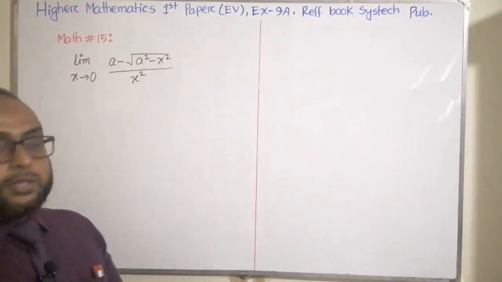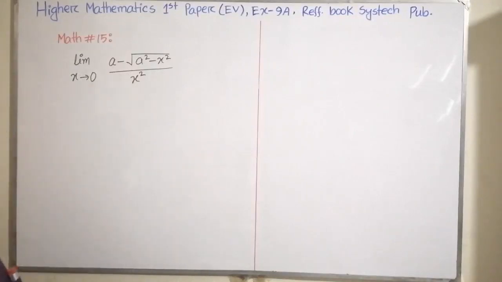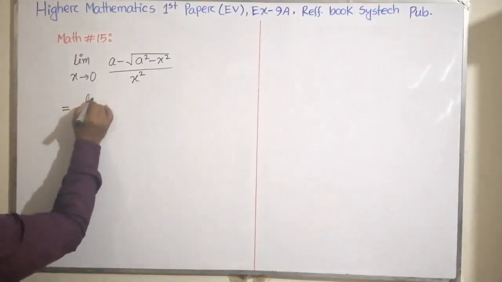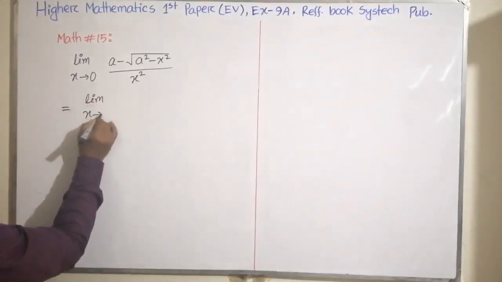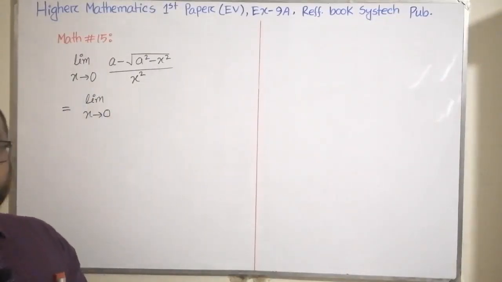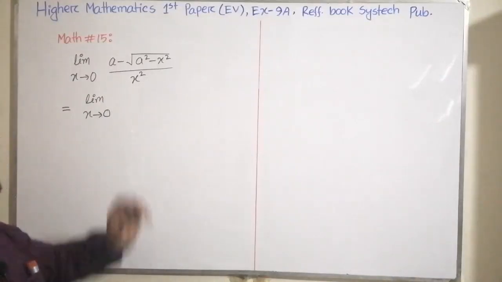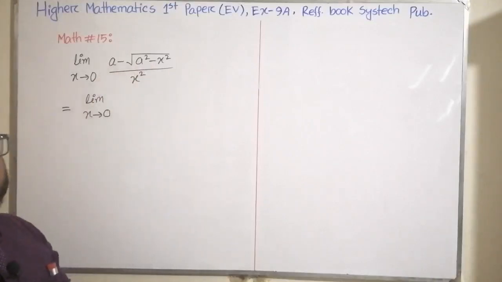Our next maths is number 15 from your exercise. Here we have to find out the limiting value of this function, and at first we have to simplify this expression, and this equals limit x tends to 0. To simplify these types of expressions, we have to multiply both numerator and denominator by the opposite expression of these types of expressions.